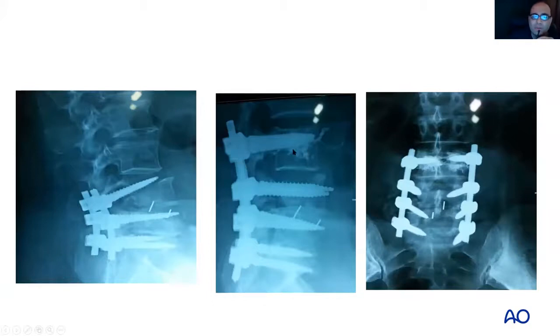Due to the osteoporosis, there was no infection. I decided to augment the proximal construct by cementation. It was not a fenestrated screw. I applied the cement, then I put the screws, and I only revised the screws, and the patient went well and has satisfactory results. He followed up with me for 4 years after this revision, and he is okay.